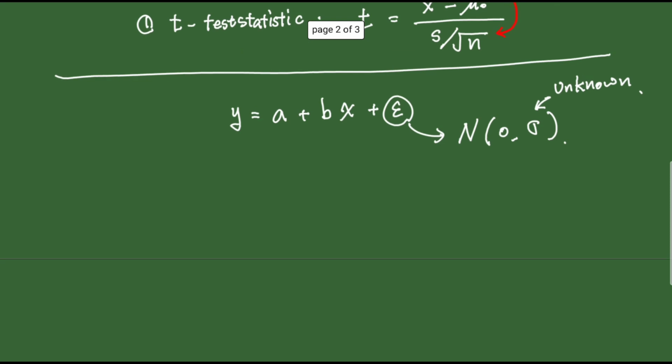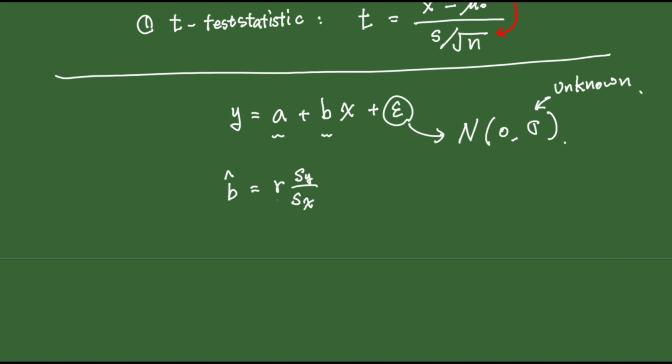Since we don't know what A and B are, which means we don't know the regression line, we had to estimate A and B using the data set. What we have done is estimate the slope first by calculating R, SY, and SX.